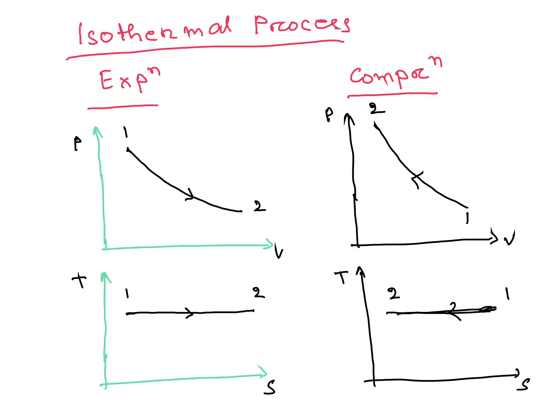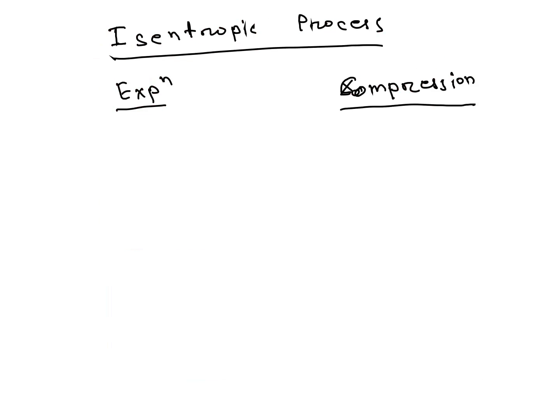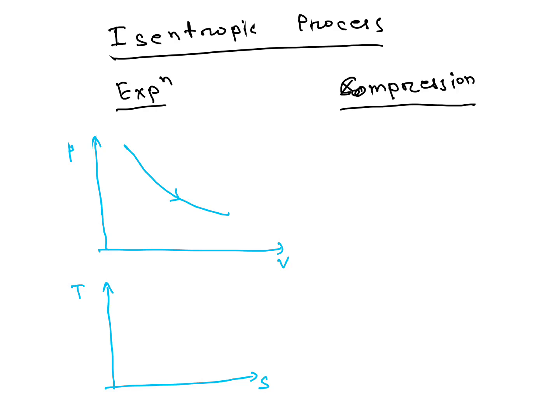Next is the isentropic process. For expansion, PV diagram and TS diagram. PV diagram, then TS diagram. For isentropic expansion, initial to final, parallel to y-axis, initial to final.